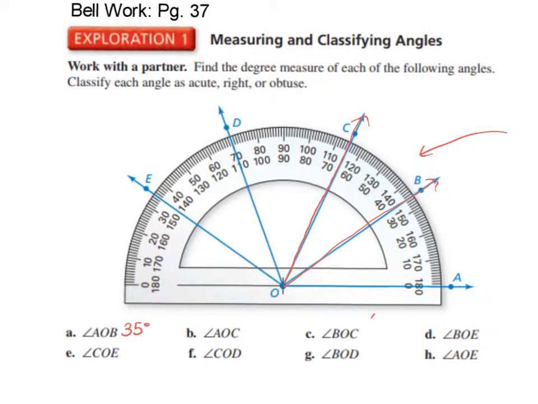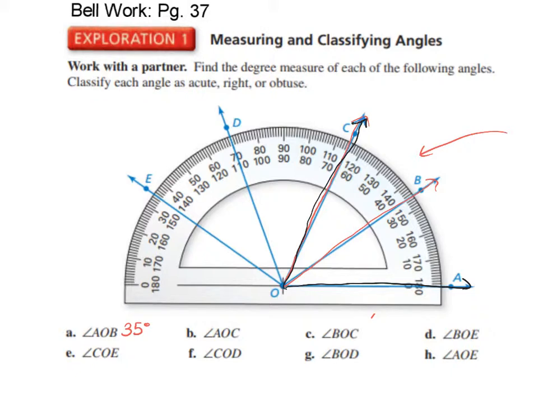I'm going to start with the top one, which is the larger one, COA. Which is that angle right there. If I look at angle COA, how much does COA measure? 65, right.